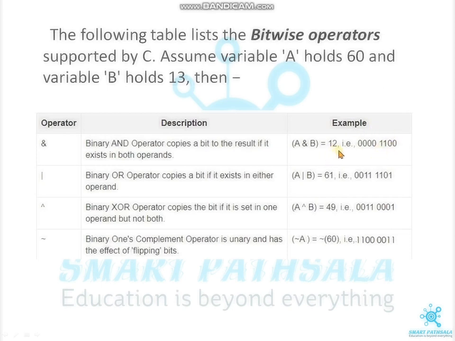For the OR operator, if we convert the binary to decimal, we get the result as 61. And for XOR, by converting the binary to decimal, we get the result as 49. That means when A XOR B, it will be 49. And complementing it gives us nothing but just the negative of the result.